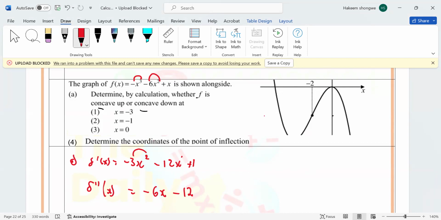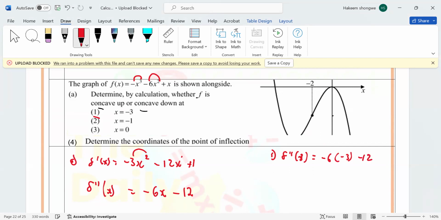Are we still fine? Yes. Now let's look at this. When x is equal to 1, is this concave up or concave down? That's what they want us to tell them. We say f prime prime of 1, meaning everywhere we see x, we have minus 6 multiplied by 1, minus 12.